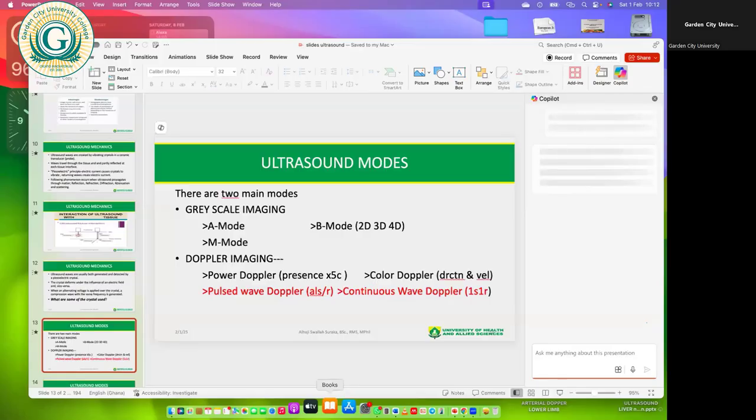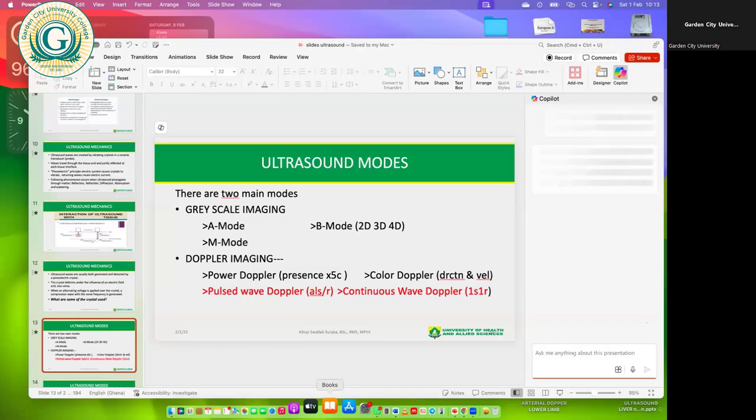These are four of the main Doppler imagings that are performed. There are others, but for our benefit, we are leaving it at four. The four have two of them, or two each, performing similar roles, but with different capacities.